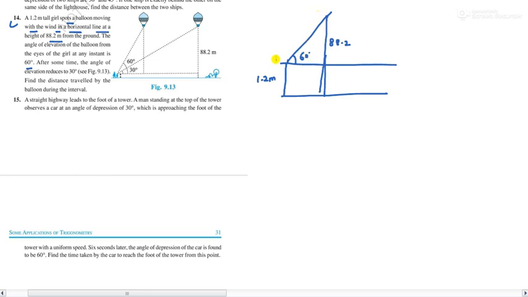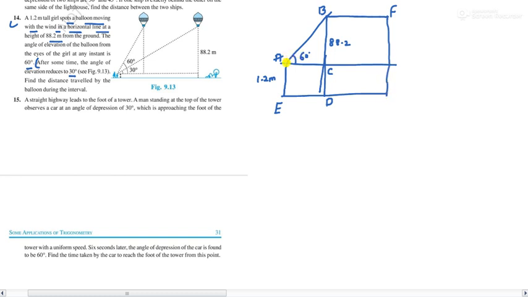So let this be A, this be B, and I'll name this as C, D, this as E. Now next is, after some time the angle of elevation reduces to 30. What does it mean? The balloon was moving, correct? So after B, imagine it comes to this point, EF. Let me name it as F.